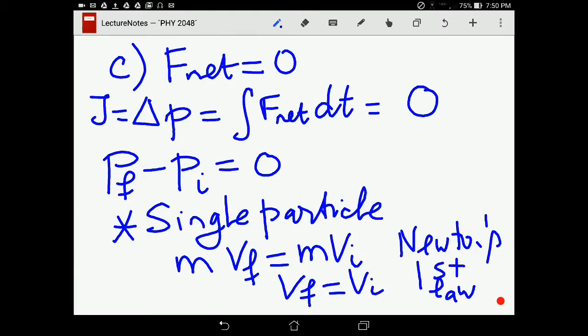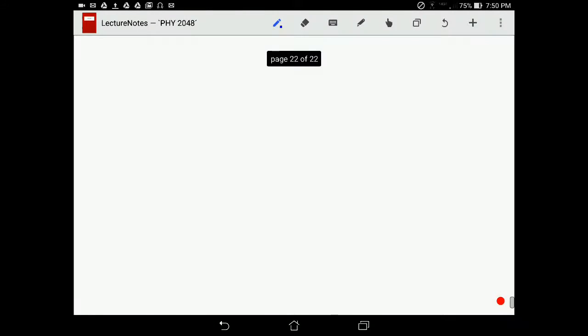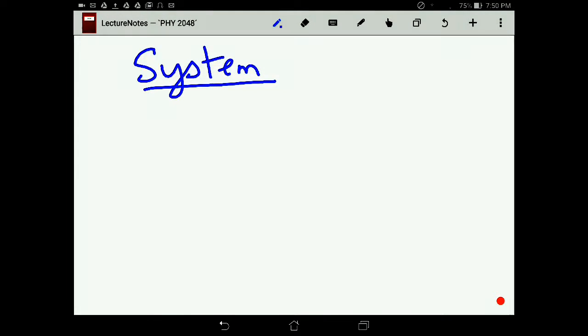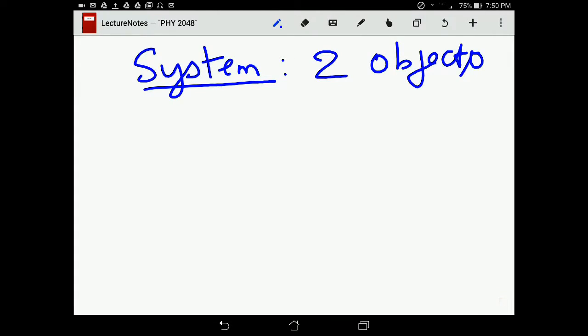interesting example or problem. A more interesting situation would be one where we have a system that is made of multiple pieces. So this is an interesting case where we have at least, and we're going to focus on this example here, a system that has two objects, and specifically two balls or two blocks, depending on how we want to look at it.